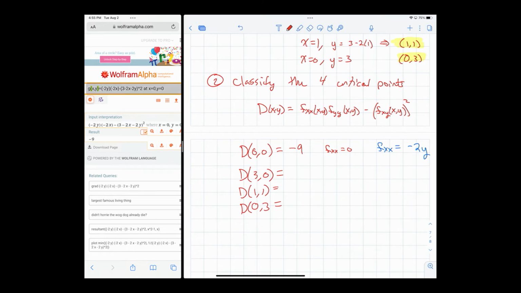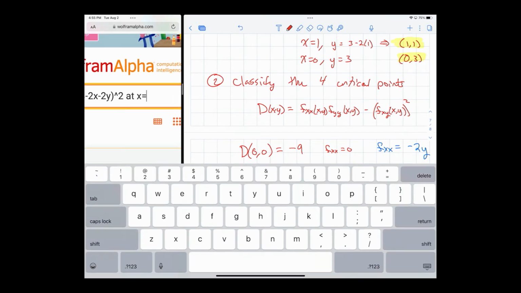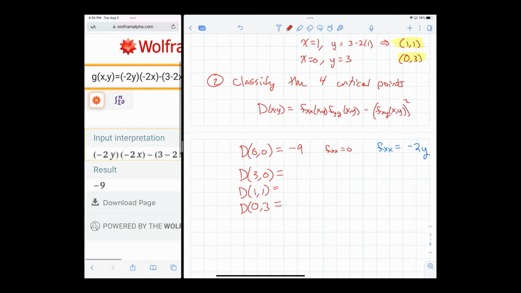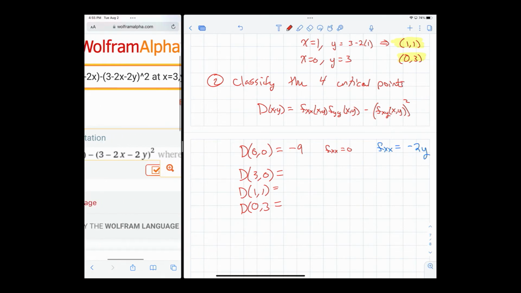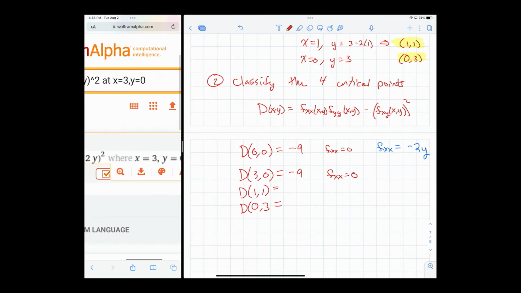Now the next one is 3, 0. Also -9, apparently. But fxx is, again, also 2y. So if you put in a 0, you're going to get a 0 again. Then we have 1, 1.